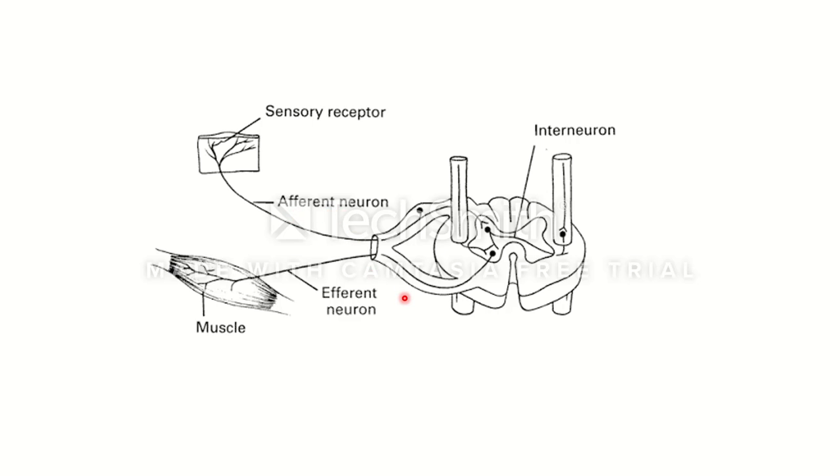And neurons that convey the electrical impulses from the central nervous system toward the periphery are called efferent neurons or motor neurons. So afferent neurons are sensory and efferent neurons are motor.